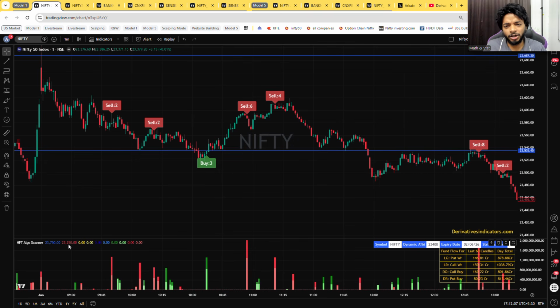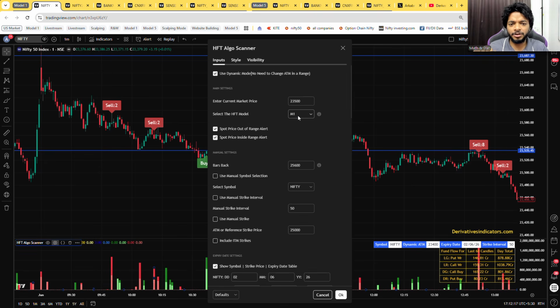Moreover, this is model 1, which works on any TradingView account, even the free basic one. And we have other models as well. But this model is the primary model, the flagship indicator. Out of all the HFT indicators, this is the flagship.